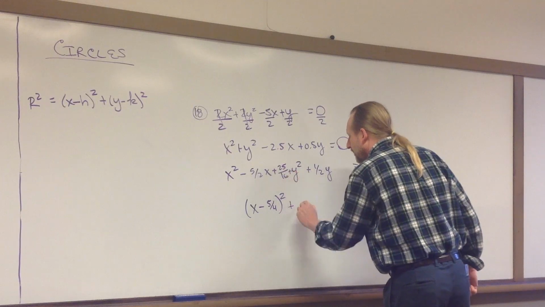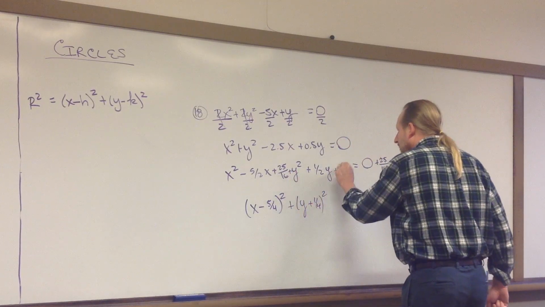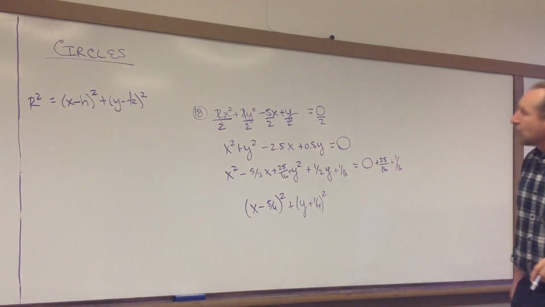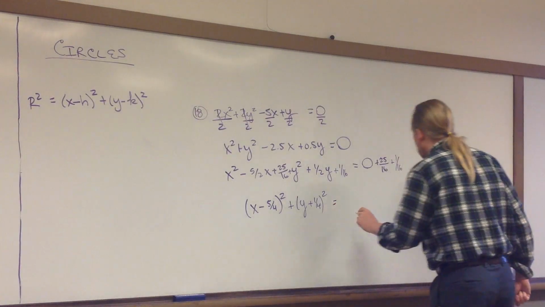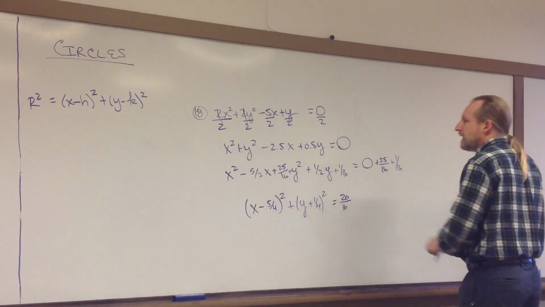So this is going to be y plus a fourth all squared, and then to complete that square, we're going to need 1/4 squared, which is 1/16. So it looks like we're going to come out of this with 26 over 16.